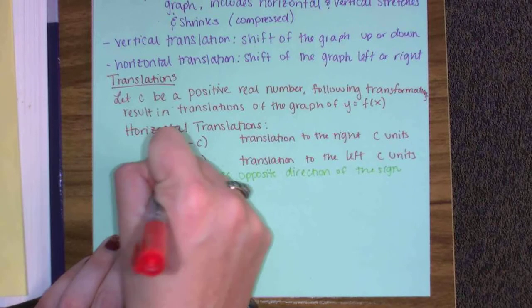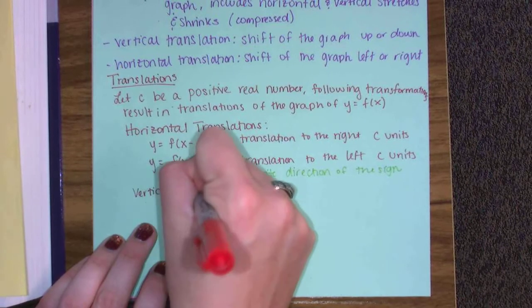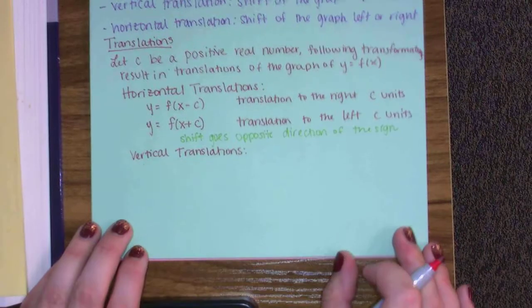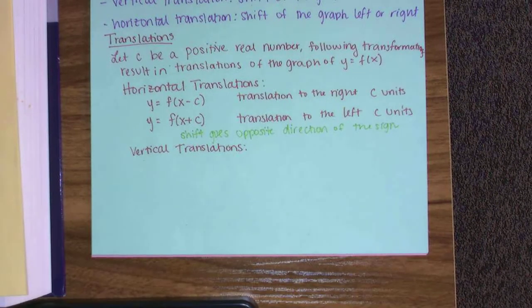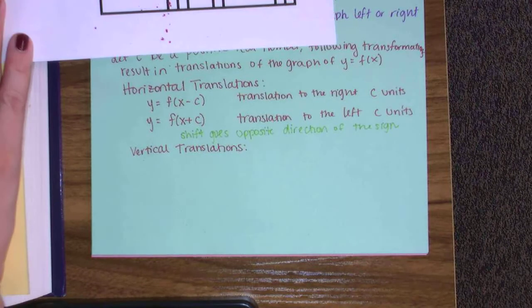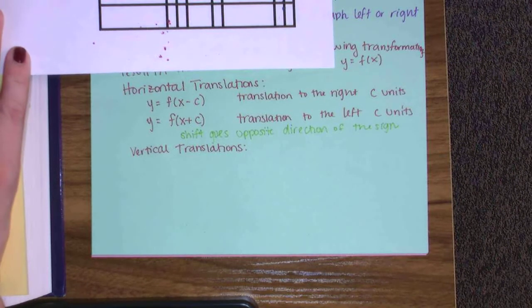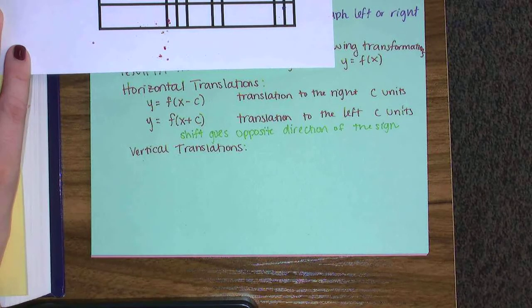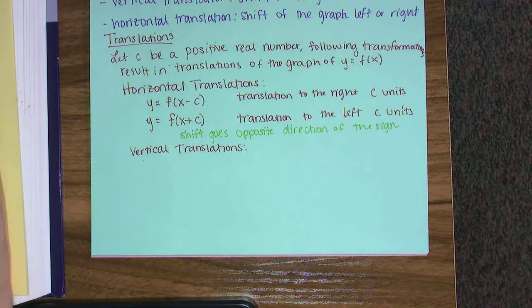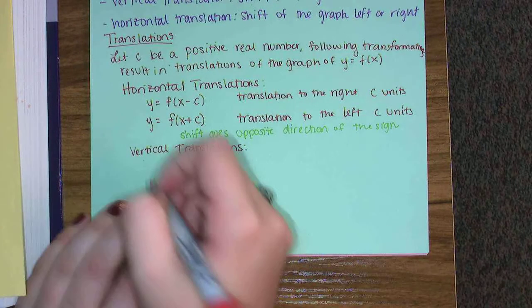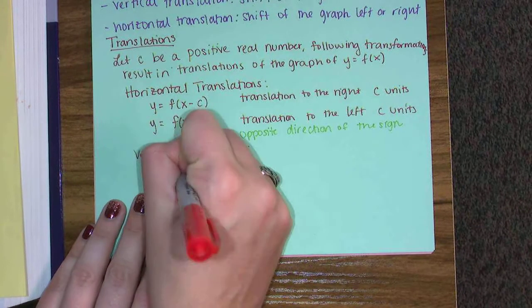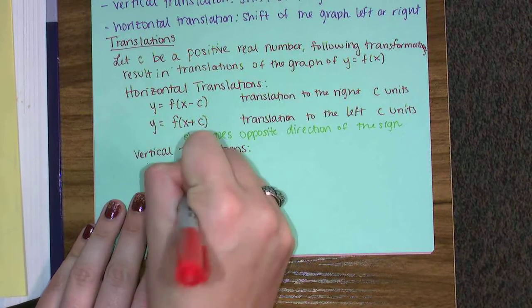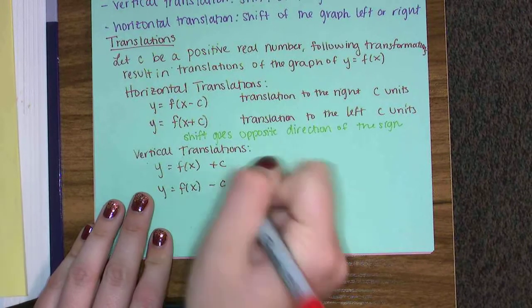Then vertical translations. You have y equals f of x plus c, or y equals f of x minus c.